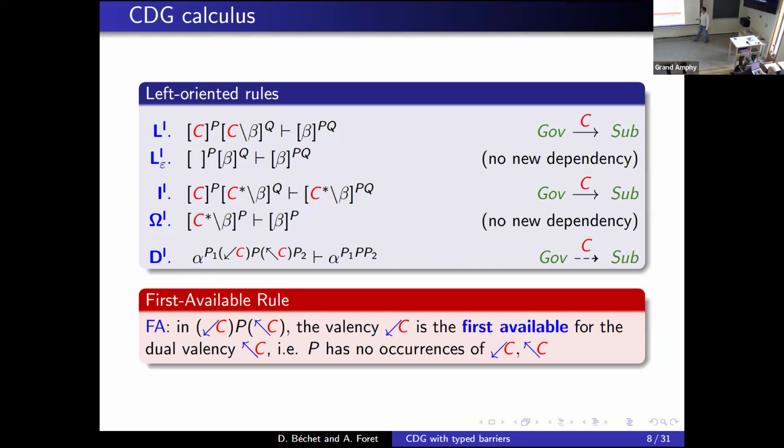It means that in P, it's not possible to have other occurrences of polarity of this name C. That is, we mustn't have those symbols there. So P has no occurrence of those two polarities.